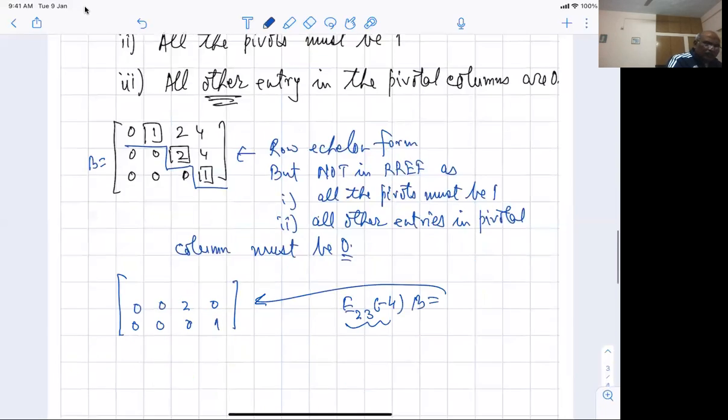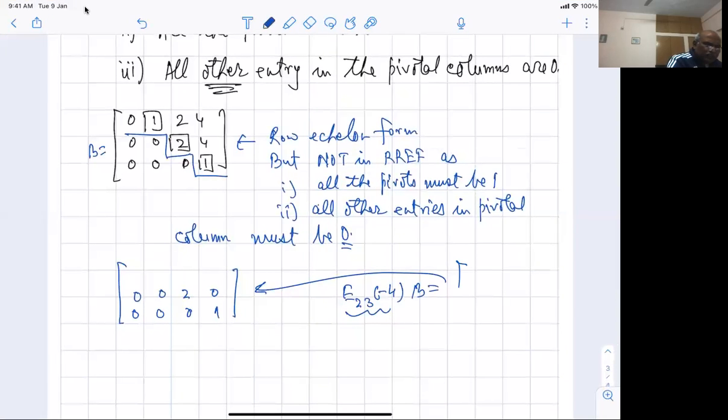Here e23 is a 3 by 3 matrix. The second row is replaced by the second row minus 4 times the third row. The third row has no change, and there is no change in the first row either. If you multiply this by B, the first row will remain as it is, and the second row, because of this, will be this minus 4, so it will become 0. This is what you will get.